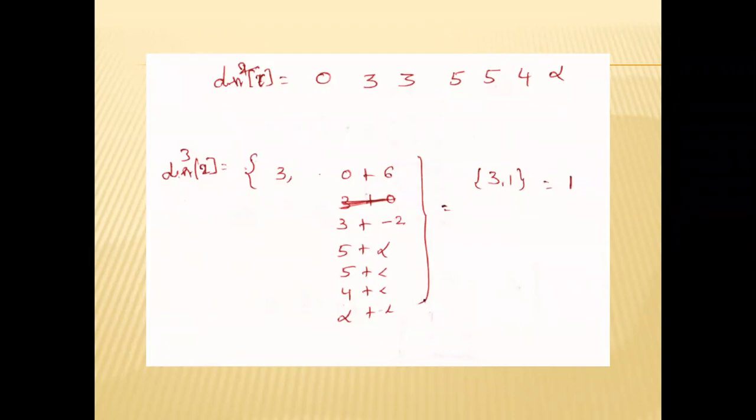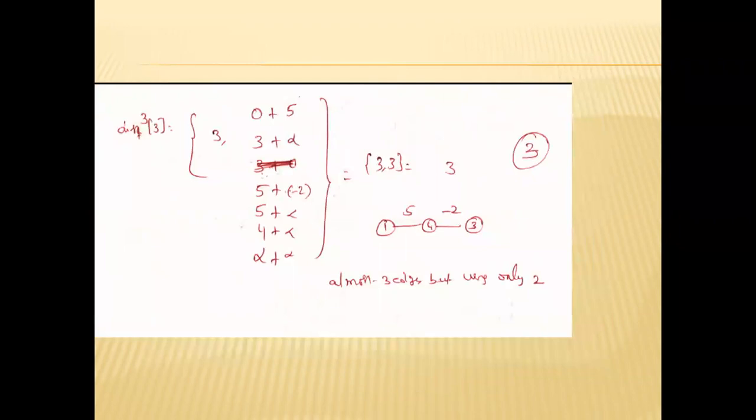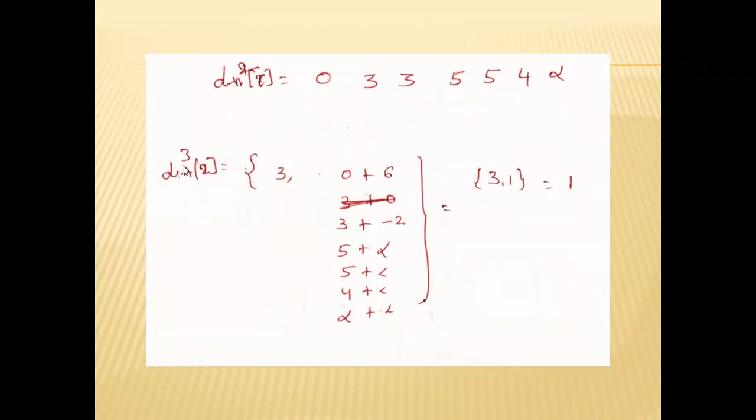Suppose there exists a path between 1 to 2 by using 3 edges, we just consider the shortest path. Distance square 2 means 3. Here already distance square 3. Next one 0 plus 6. Next 3 plus minus 2, 3 plus 5, plus infinity, 5 plus infinity, plus infinity. It is 3 comma 1.